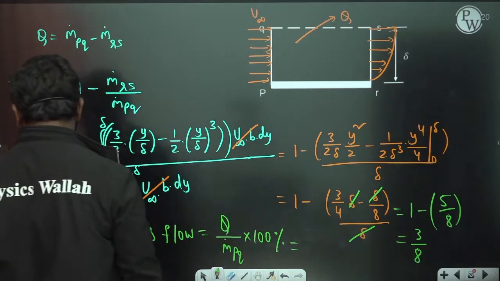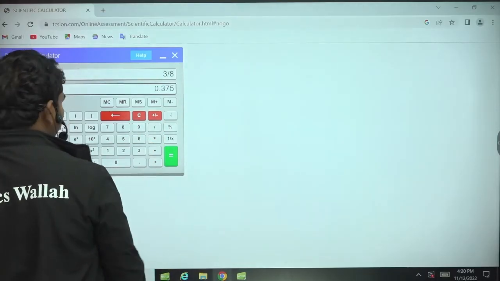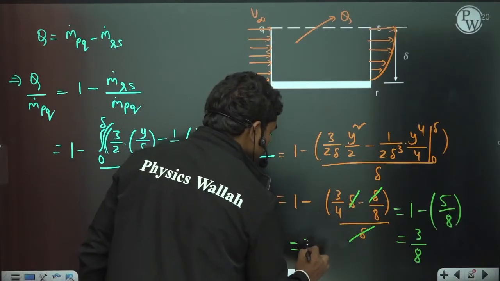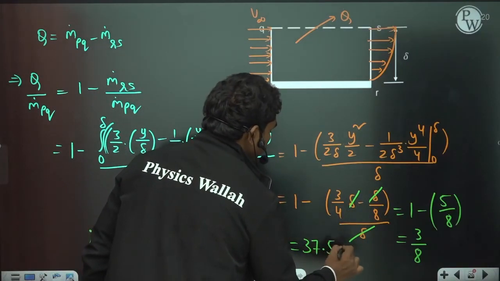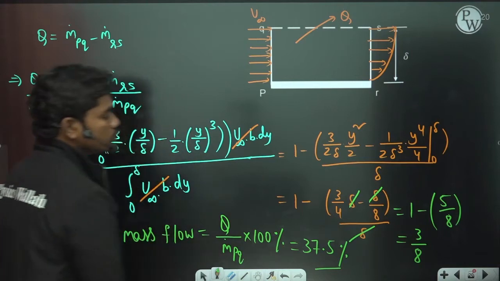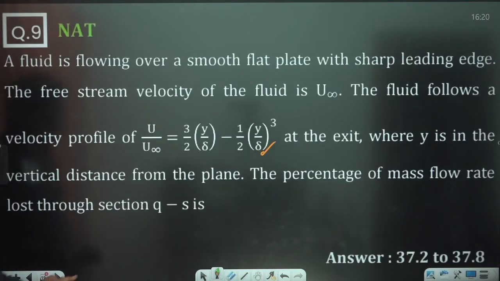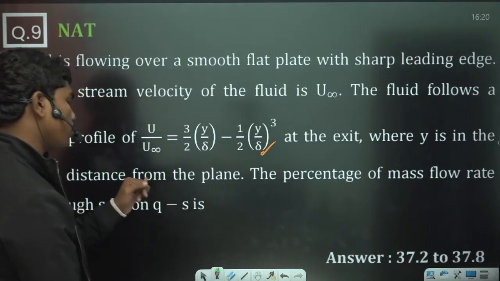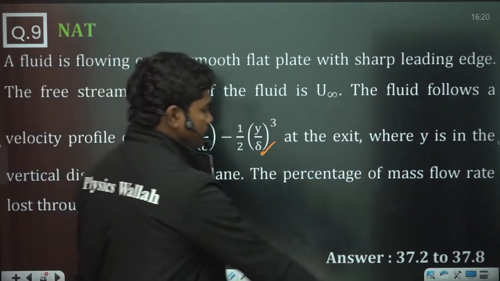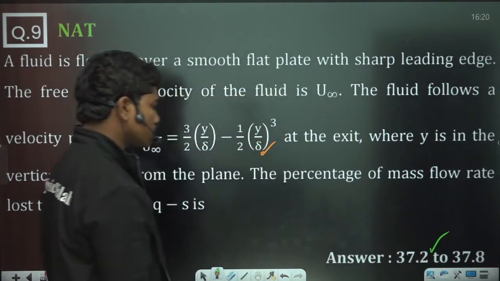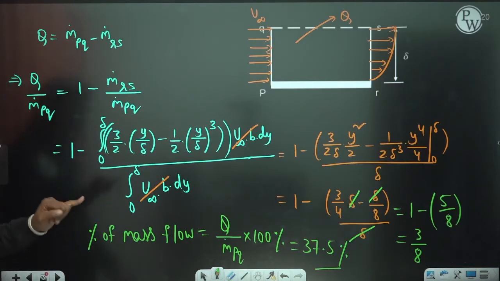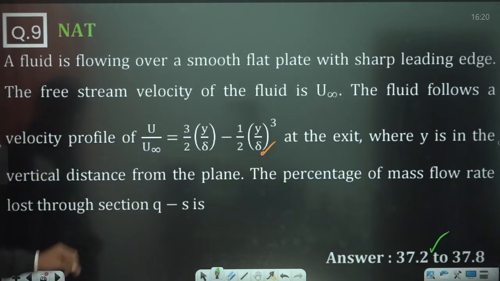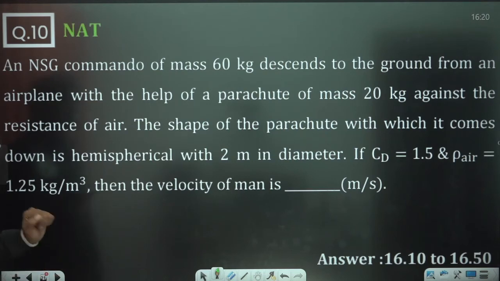What is the value of 3 by 8? 0.375. So into 100, 37.5% of the mass is actually flowing through the section QS. So 37.5 is within this range, 37.2 to 37.8. So 37.5% is the mass flow that is flowing through this QS. So let us see the next question.